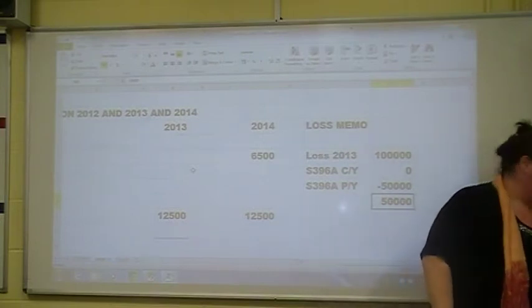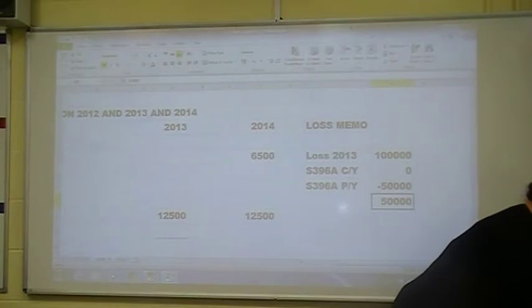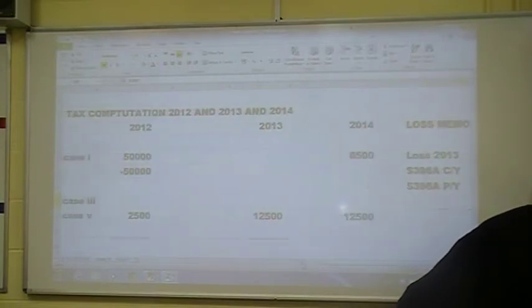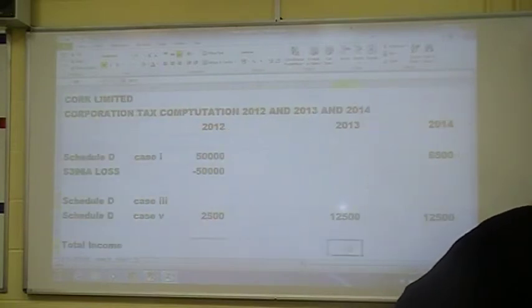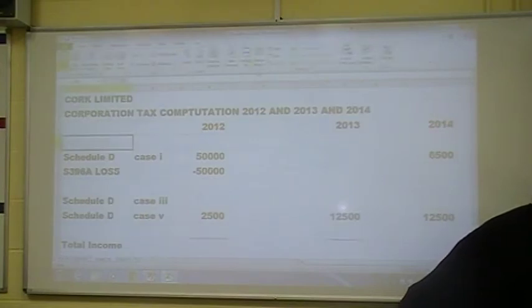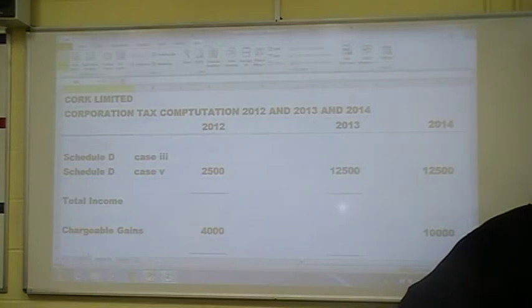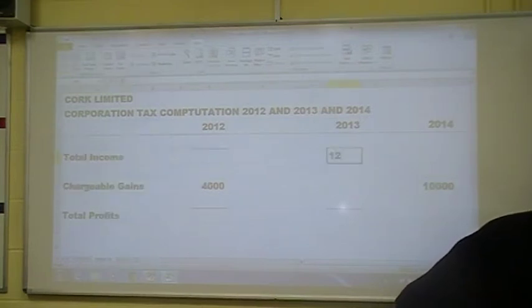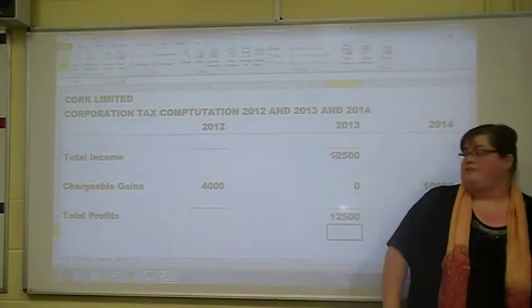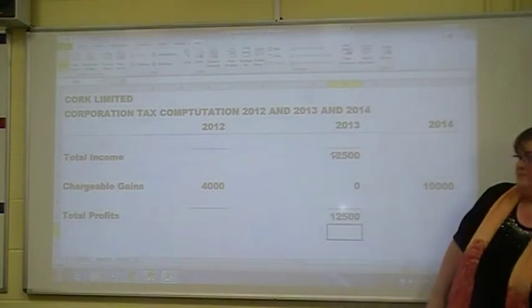So our third step is to calculate our current year's corporation tax liability as normal. So our current year is 2013. Okay, so we have a case 5 that year of 12,500, with no chargeable gain, so our total profits are 12,500.